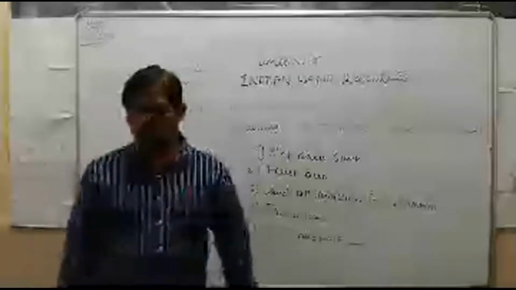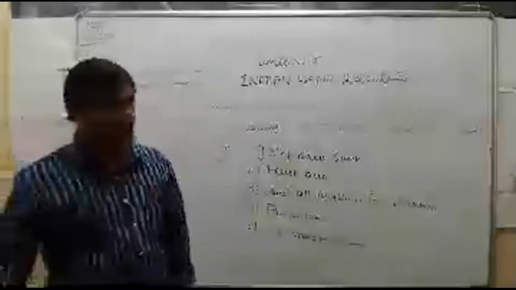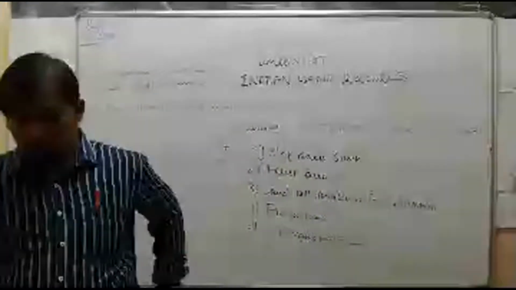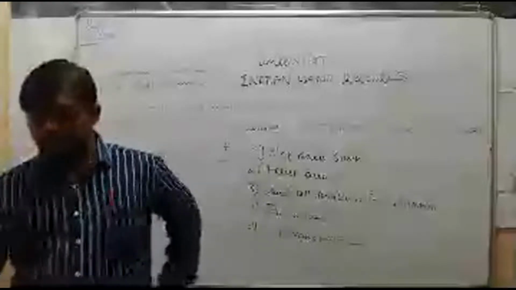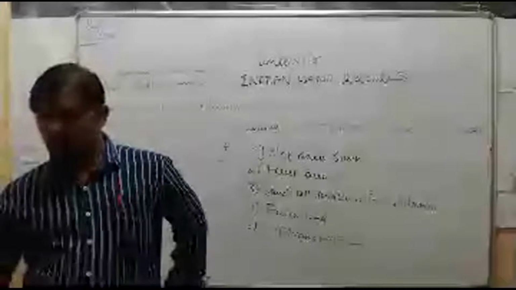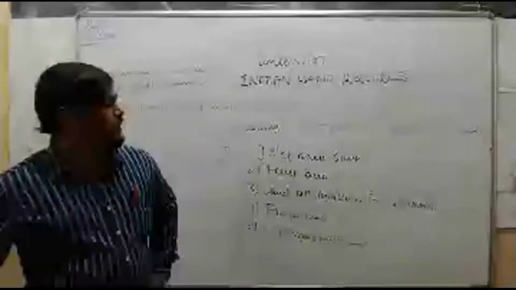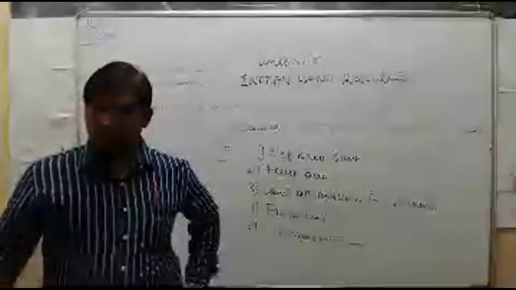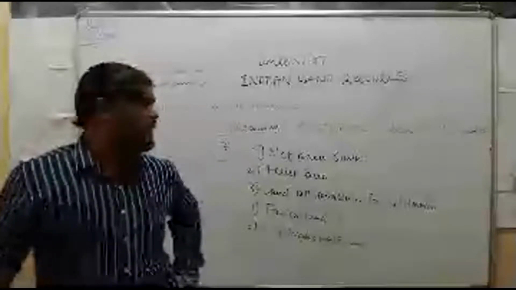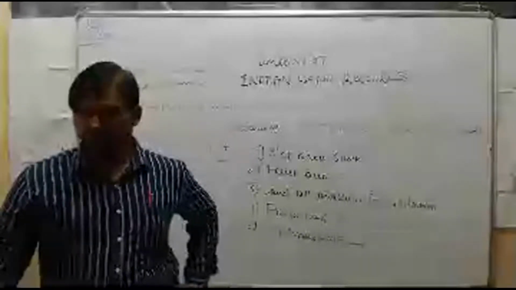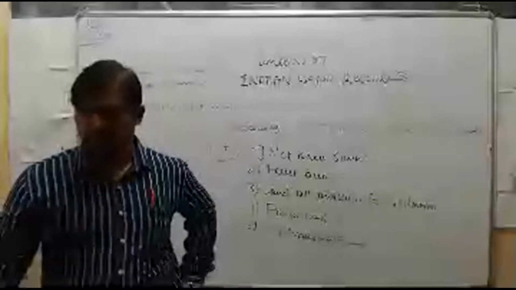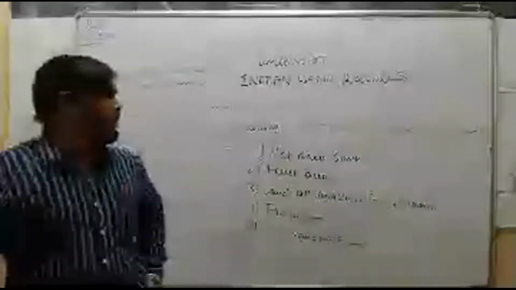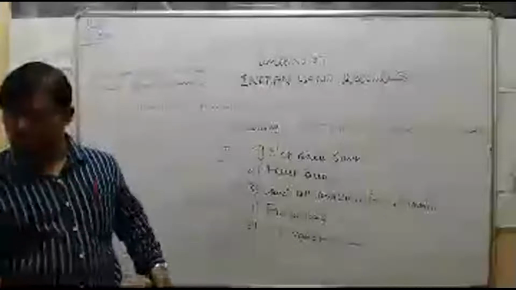Now, the first one, net area sown. What do you mean by net area sown? It includes the land that can be used to cultivate crops.